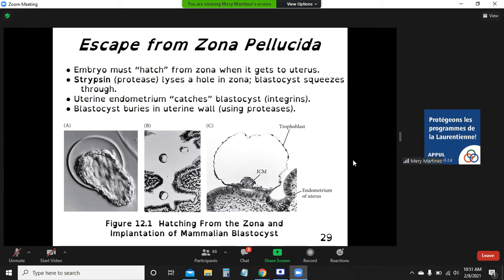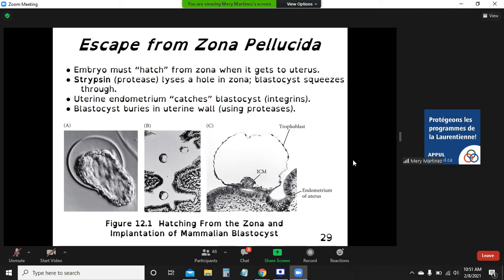The next step required is to escape from the zona pellucida, okay? While the embryo moves through the oviduct towards the uterus, the blastocyst starts expanding within the zona pellucida. The zona pellucida at the same time prevents the blastocyst from adhering to the walls of the oviduct.